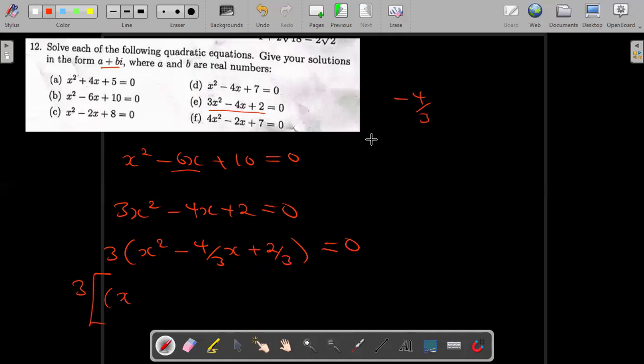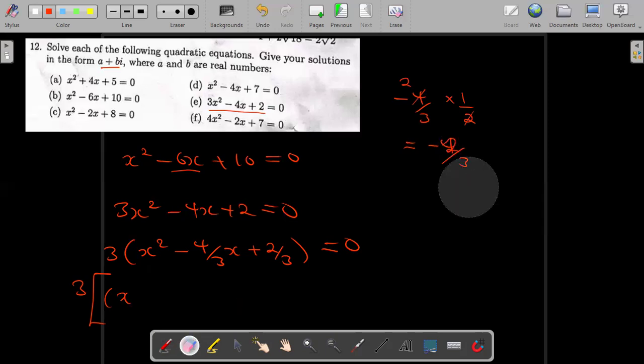So what you do is you half this one, which means multiplying it by half. This gives you -4 over 6, which simplifies to -2 over 3.